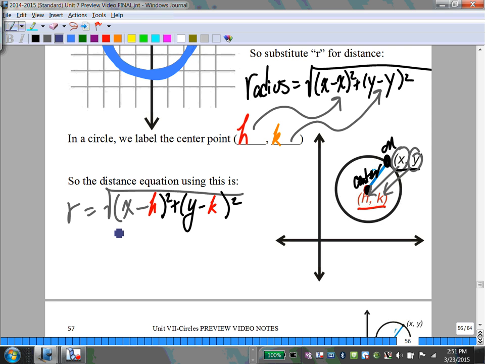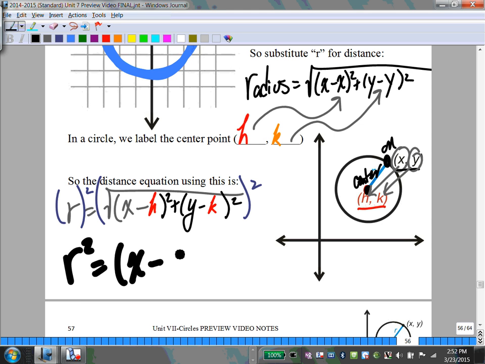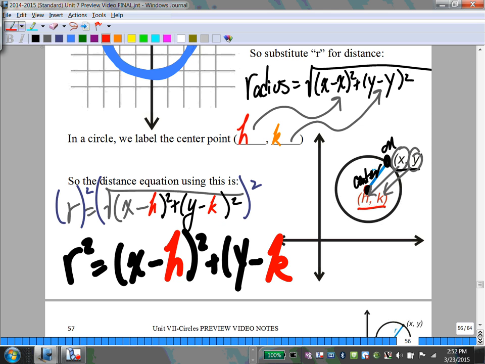Now, when we use this equation, we don't want to leave this giant square root, so we're going to square both sides. So this is the circle equation: r squared equals x minus h squared plus y minus k squared, and you're done.